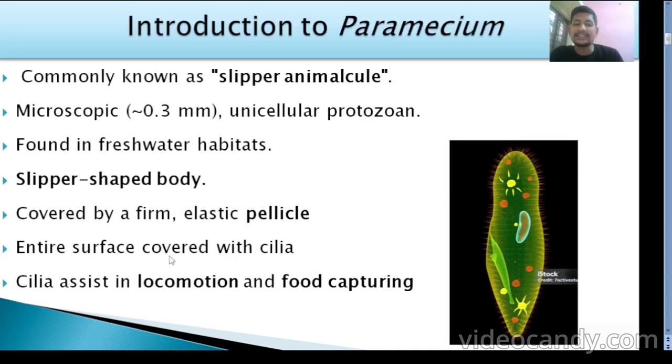The entire surface is covered with cilia, and what is the function of cilia? It helps in locomotion and capturing of food. So paramecium can migrate from one place to another with the help of cilia, and also it helps in capturing of food. I hope the first slide is clear.